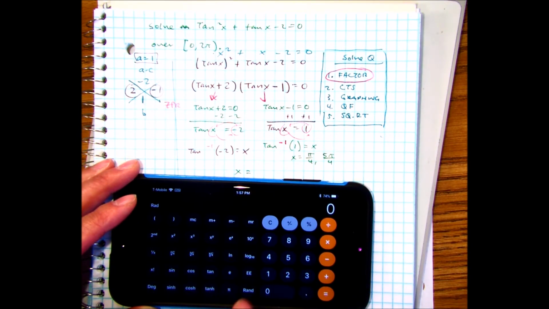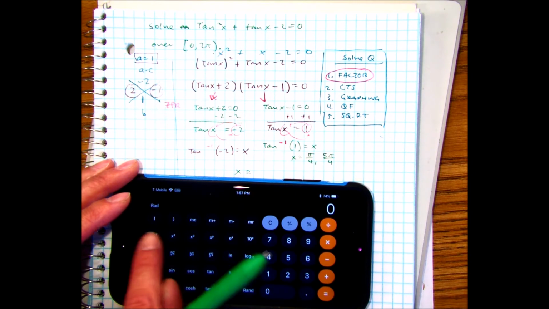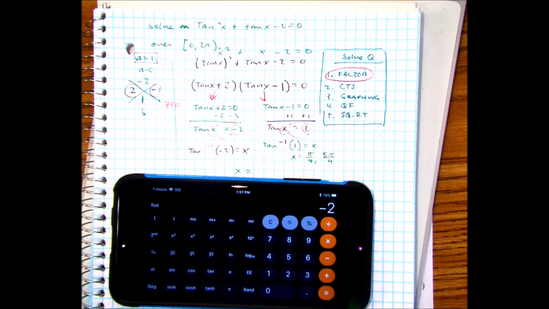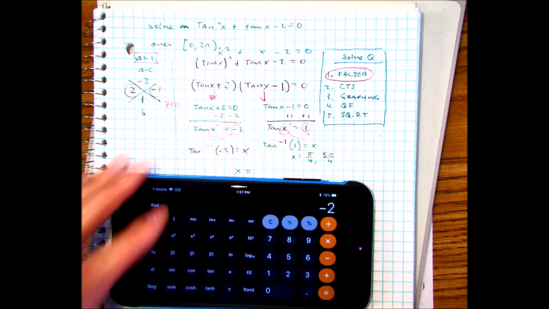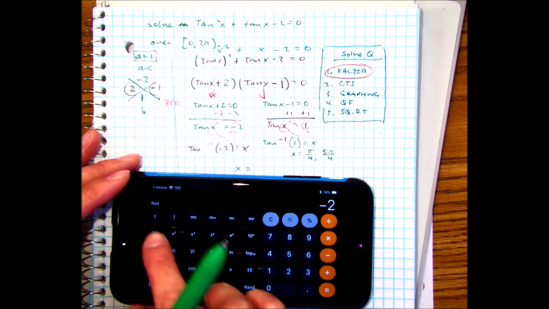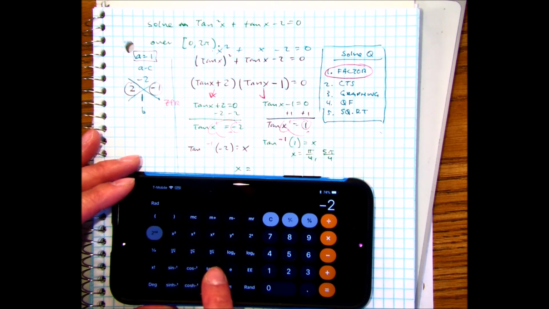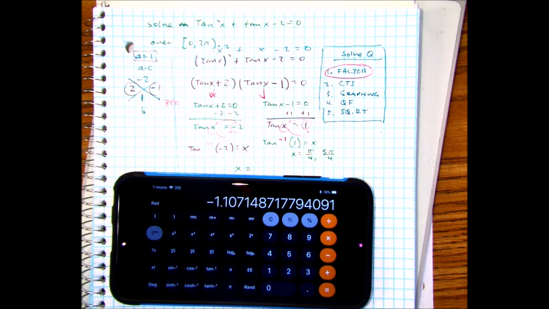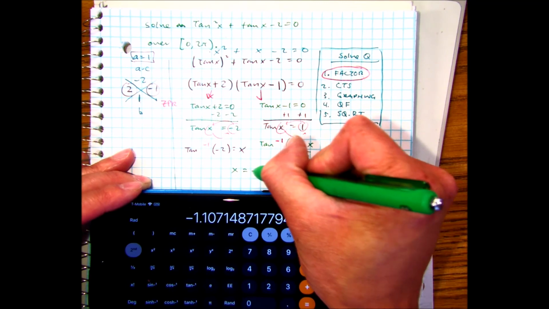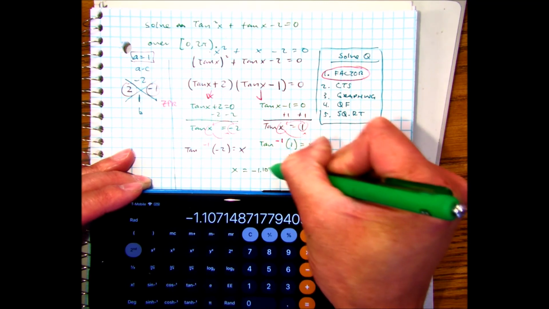I'm going to click second to get my inverse of tangent. So let's do negative 2. Remember, the negative sign is different than my plus or minus if you're using your calculator, which I don't have right with me right now. So I'm going to click on the inverse of tangent of negative 2, and I get this answer. I get negative 1.107 radians.